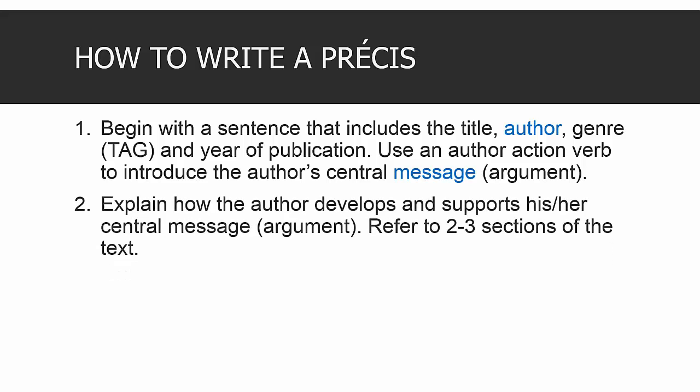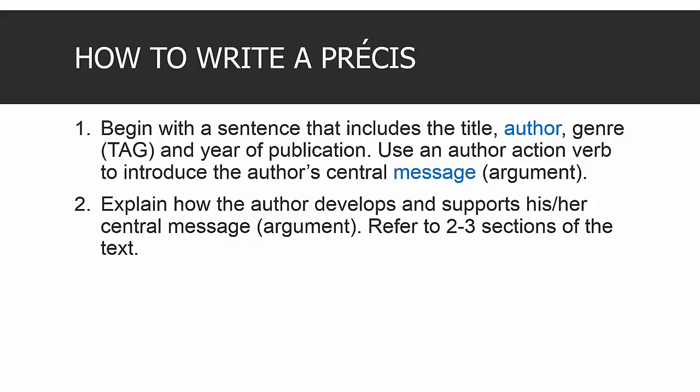In the second part of the Precis, you explain how the author develops and supports his or her message. So you'll look at those 2 or 3 particular sections of the text that you noted earlier. For example, in class, we selected 2 or 3 sections, a place from the beginning, the middle, and the end of the text, where you were going to analyze what the author was doing.